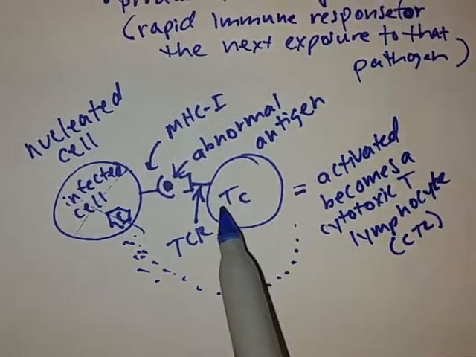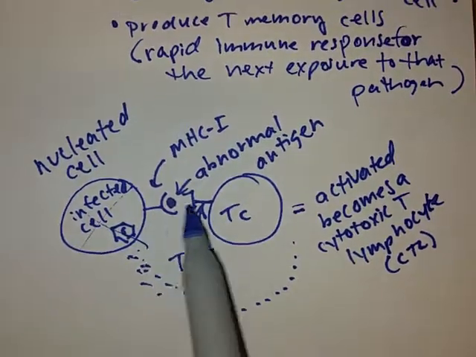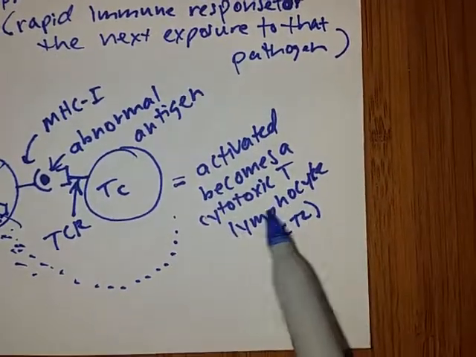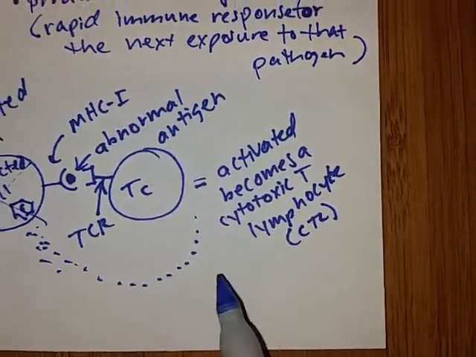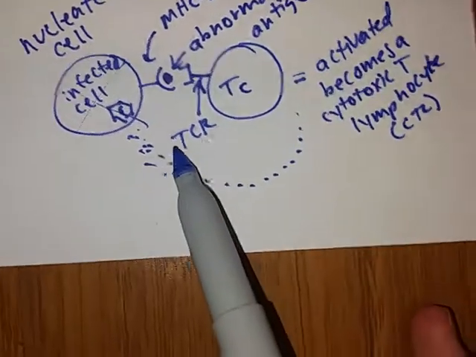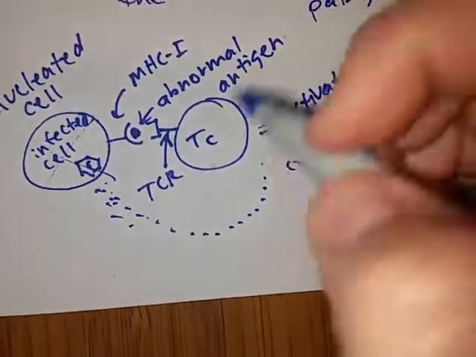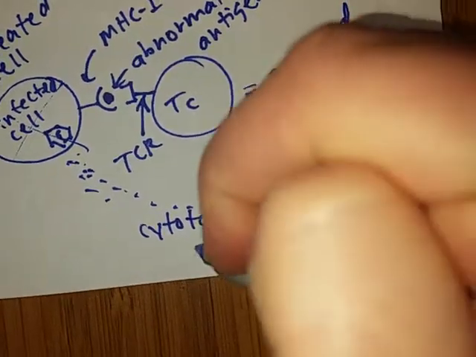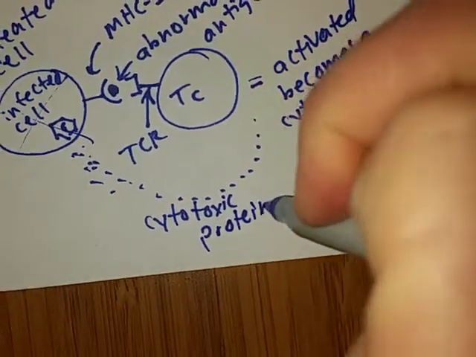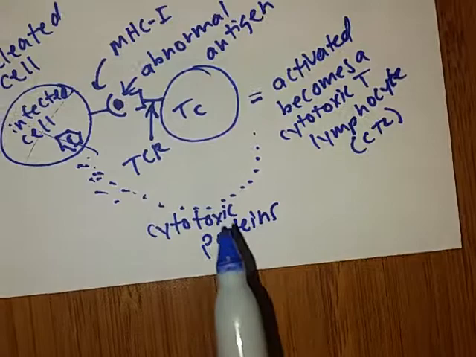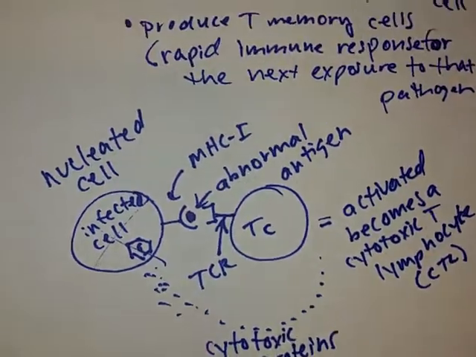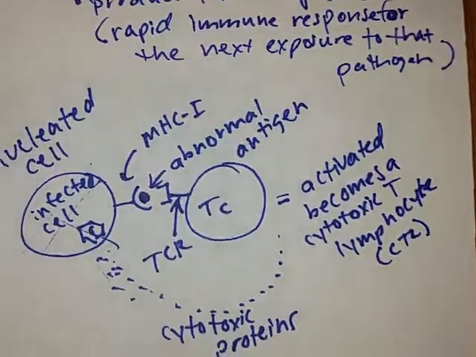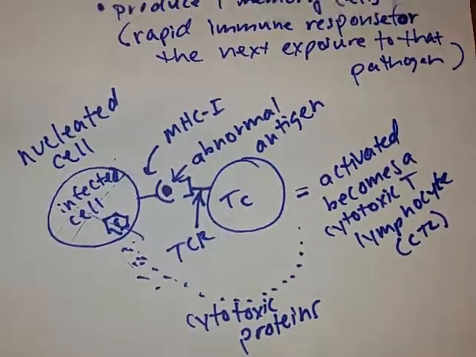So the T cytotoxic cell, when it encounters the abnormal antigen, becomes activated, becomes a cytotoxic T lymphocyte, and then releases the cytotoxic proteins that kill off this infected cell. So that's how we get rid of cells that are infected by viruses, cancerous cells, that type of thing.